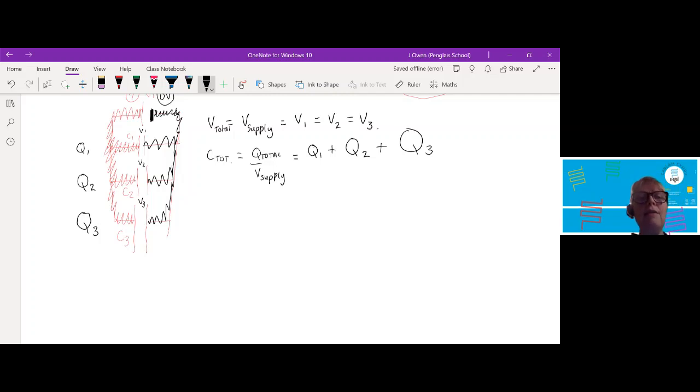It's like having a big bucket of charge, a medium bucket of charge, and a little bucket of charge, and you add all of those together, and that is the total charge that you will have, divided by V1, V2, V3.